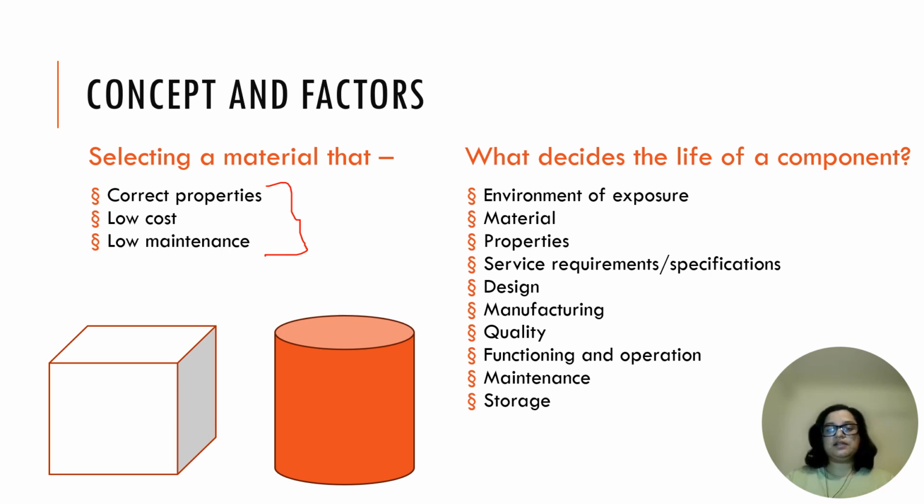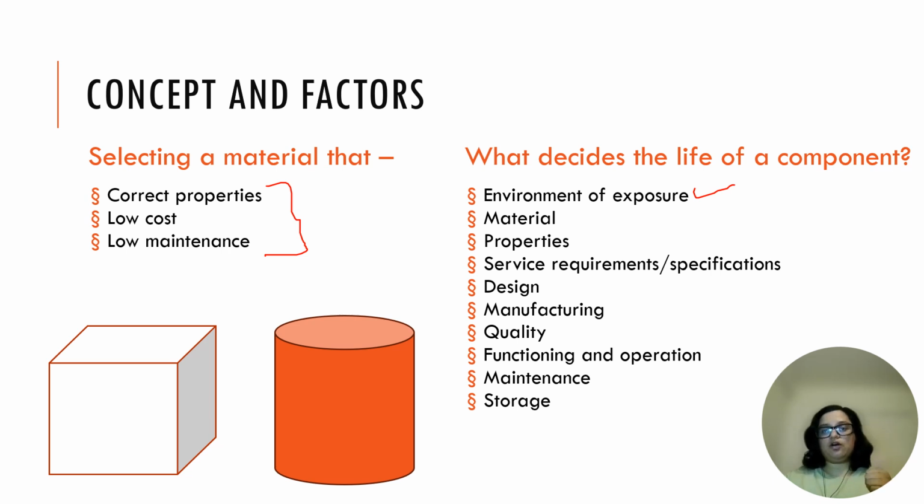Now, what decides the life of a component? So, first of all, environment of exposure. I have just given these two tank pictures. Suppose that this is a cubical tank and this is a cylindrical tank, just an example. And the environment of exposure is very important.